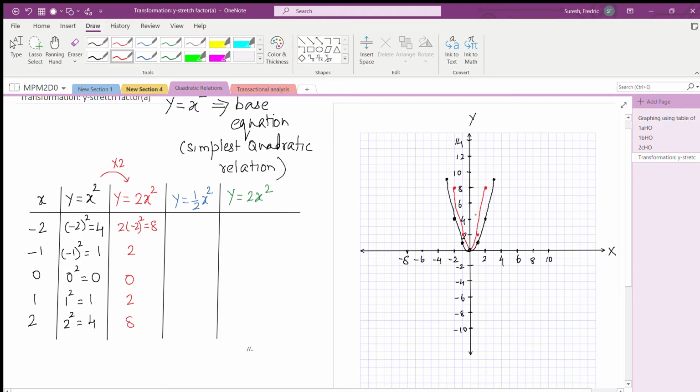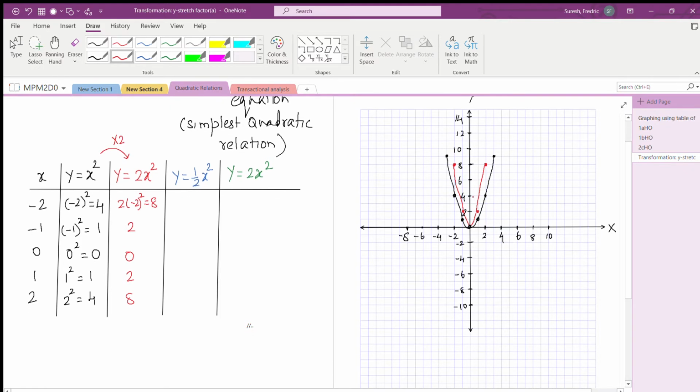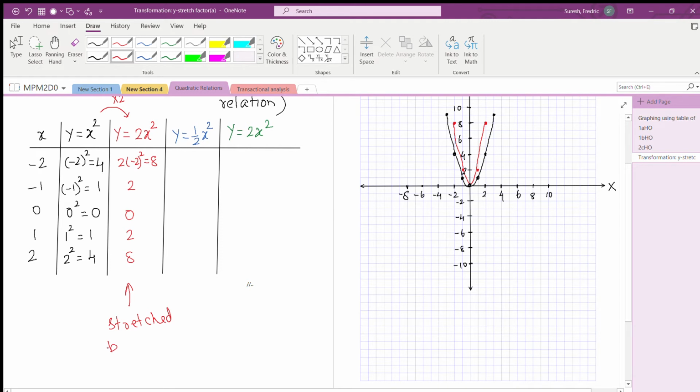So what's really happened here is that the second graph, 2x squared, is stretched by a factor of 2. So that is the 2 that we have here.